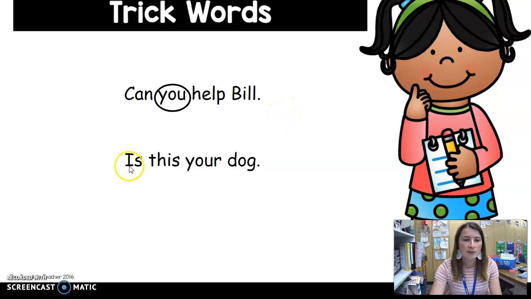All right, let's do the next one. Let's read it. Put your finger on it. Is this your dog? All right, I see a capital at the beginning. I see a punctuation mark at the end. And I see finger spaces. This is an awesome sentence. All right, let's find the trick word. I need you guys to be trick word detectives and find it. If you said your, you're right. And I circled it.